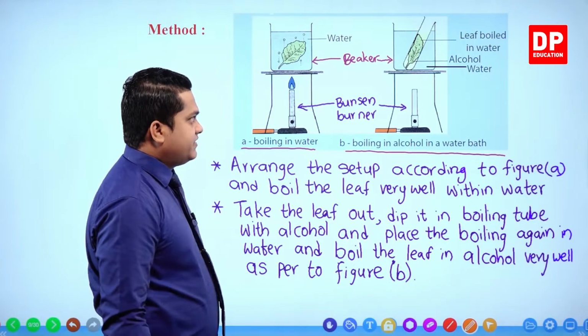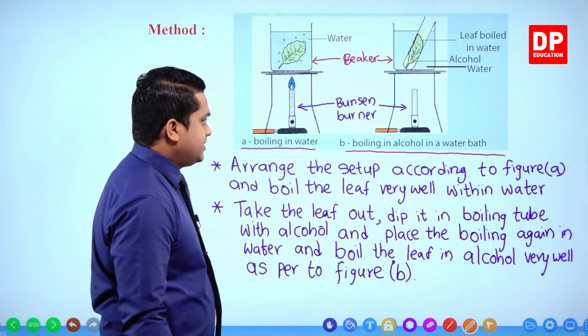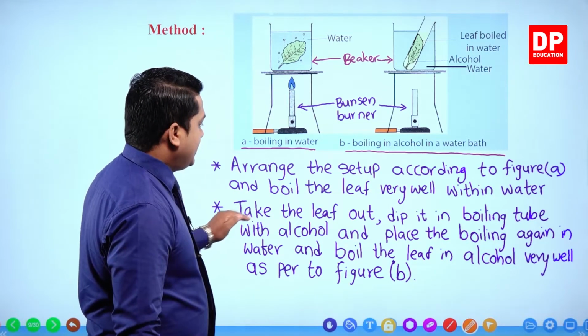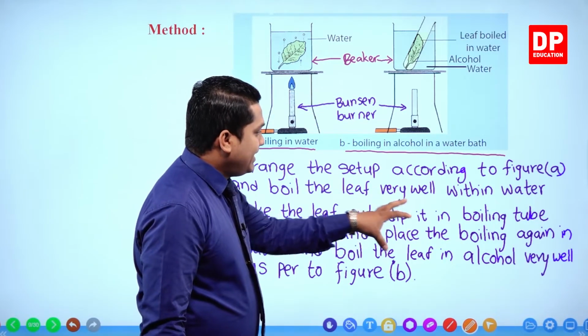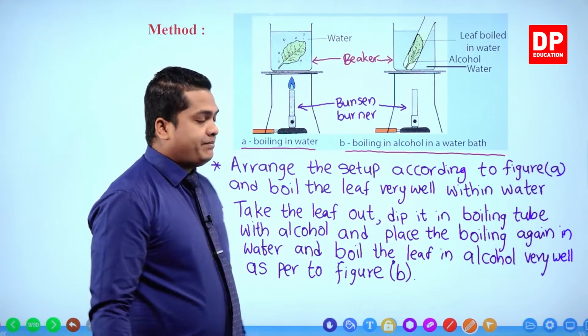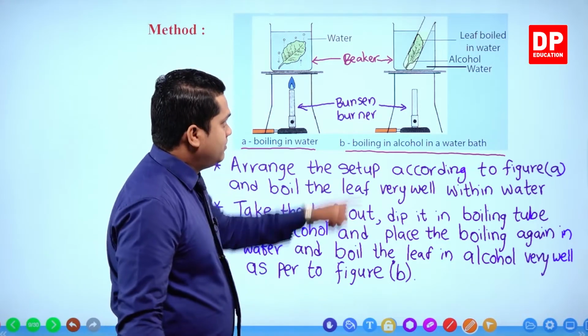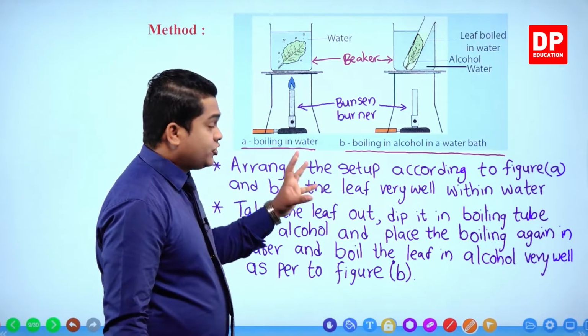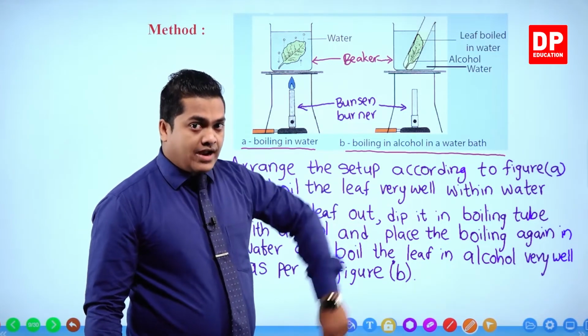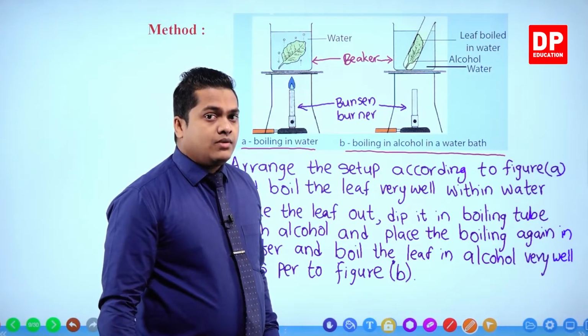Right. So this is our second step, my dear children. What is the second step? Take the leaf out from the beaker. Dip it in the boiling tube. With alcohol, which means you have to add some alcohol into the boiling tube.